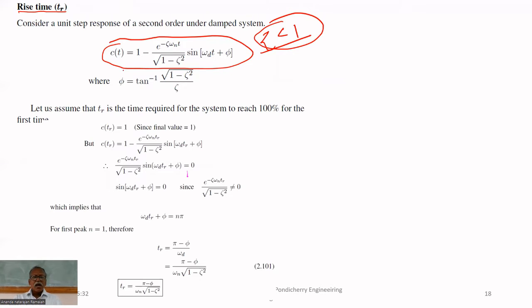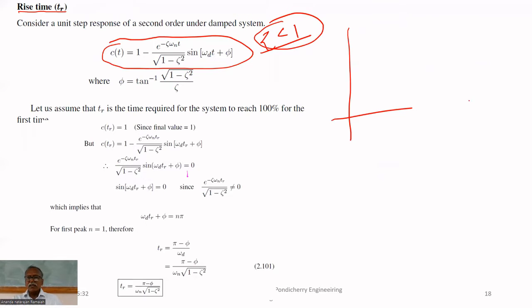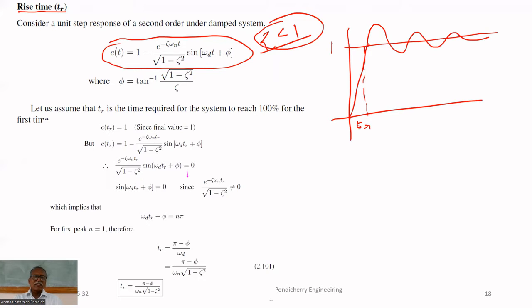Here, when it reaches the final steady state value for the first time, this is TR. At TR, the magnitude is 1. Therefore, we can substitute C of t equal to 1. If you substitute C of t equal to 1, these two ones get cancelled.